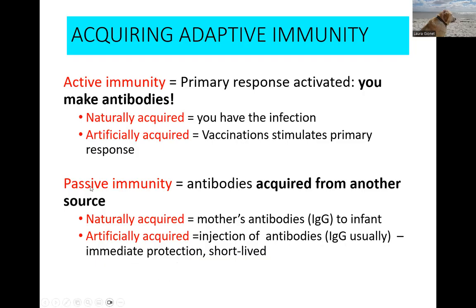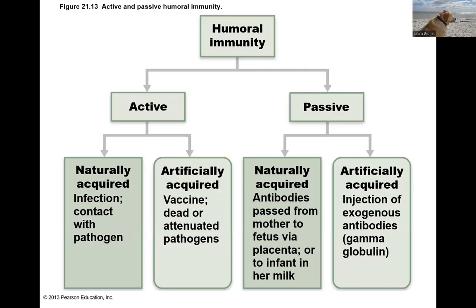Artificially acquired passive is the method of injecting antibodies. It's an immediate protection. It's more short-lived. You might have to get multiple injections. All right, so you should know the difference between these types and what it means to be naturally active, artificially active, naturally passive, artificially passive.